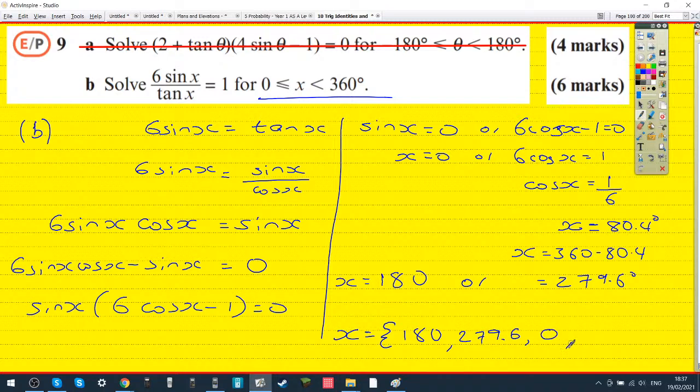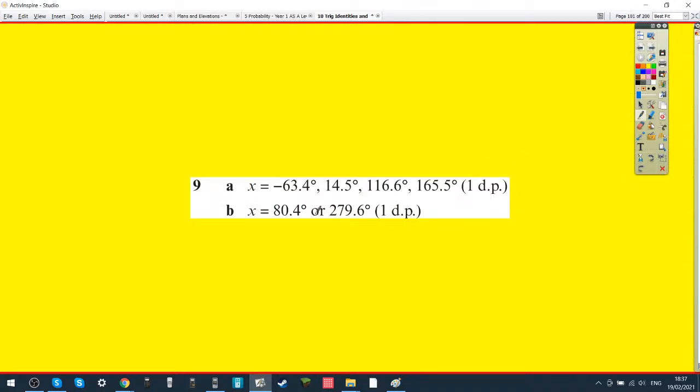And 0 and 1 over 6? No, cos x. What was x? 80.4. Great. And there we go: 80.4 or 279.6.